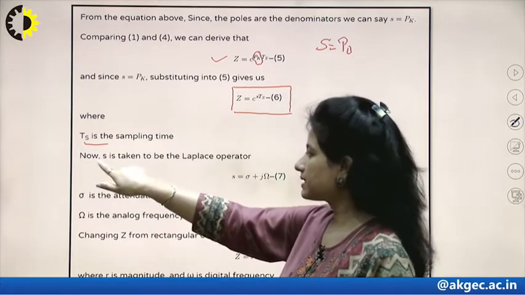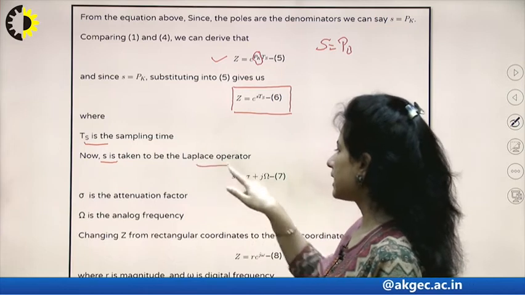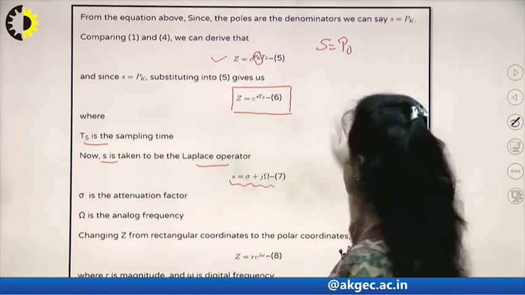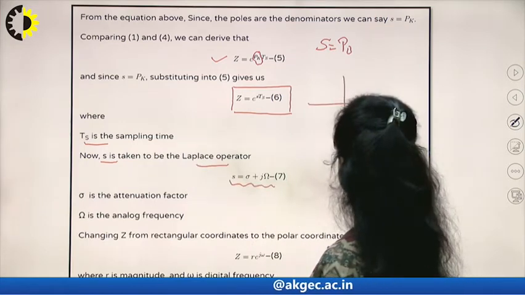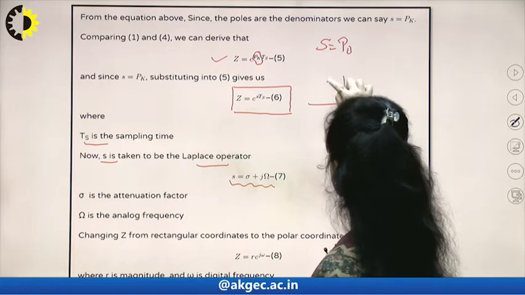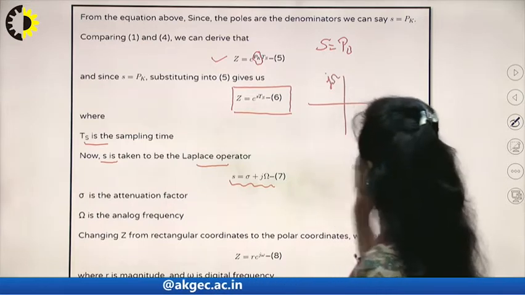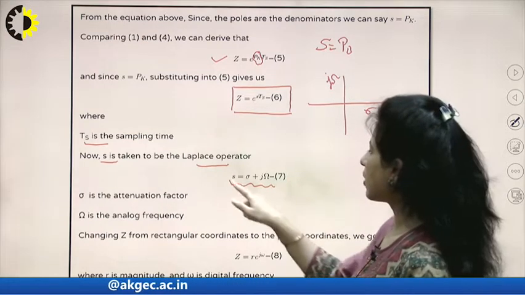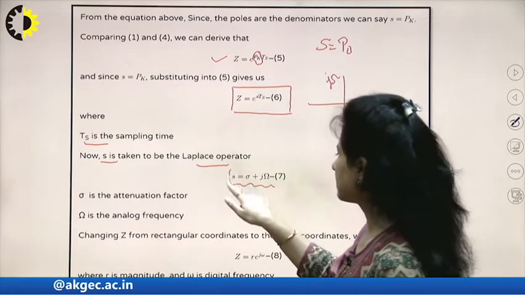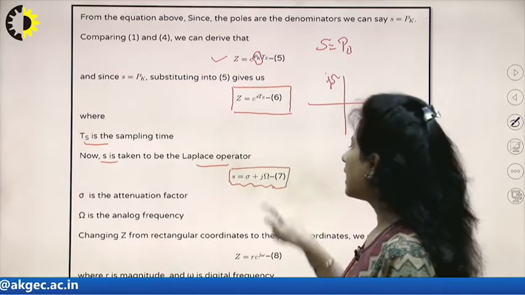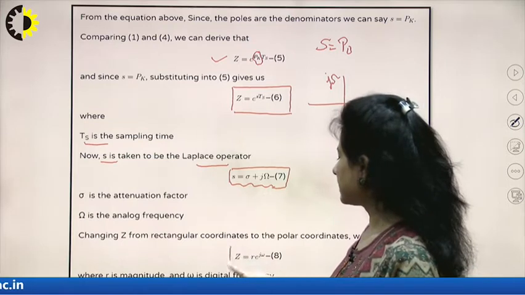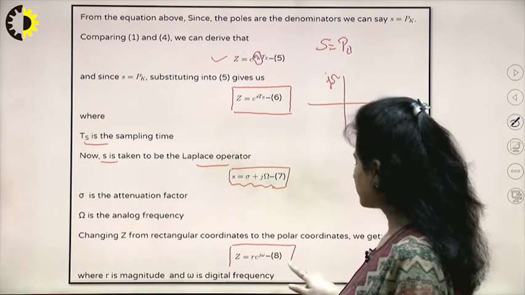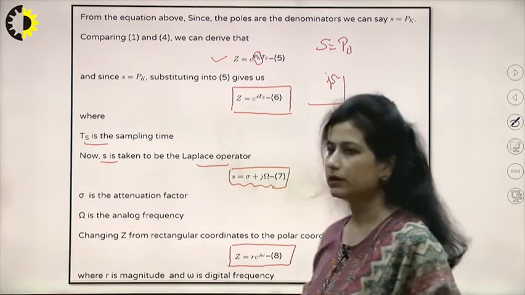Now this s, which is my Laplace operator, I can expand in the form of sigma, the real axis, and the imaginary axis. So this is how I represent my s, sigma plus j omega, and also I represent my z as r e raised to the power j omega in my polar coordinates.